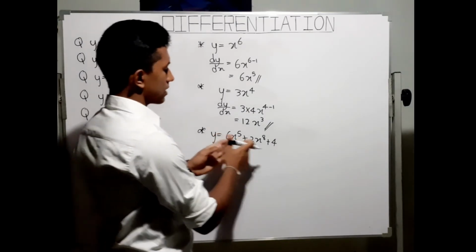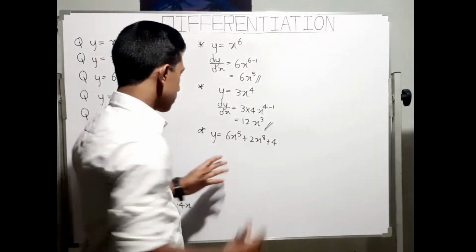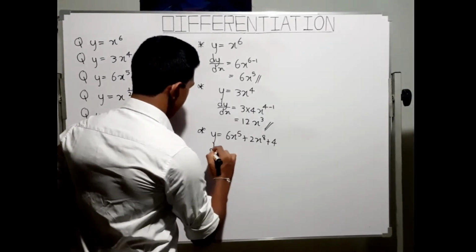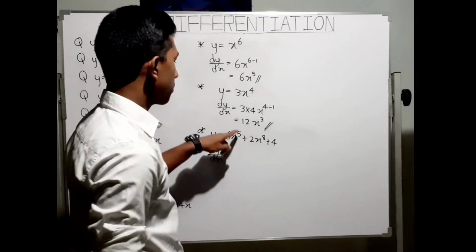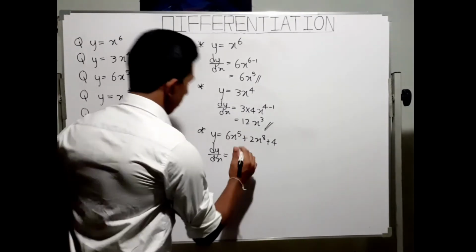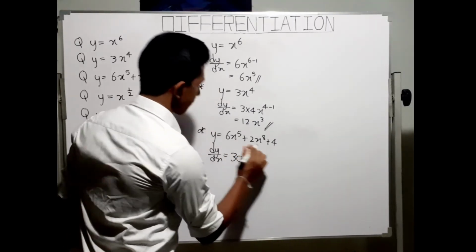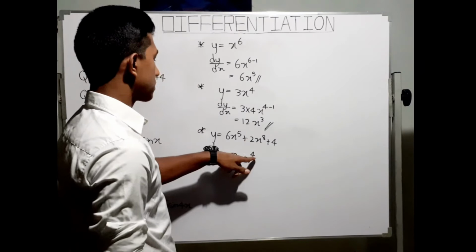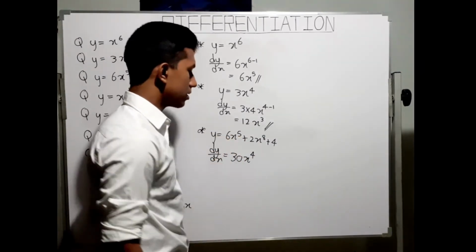You consider these as individual terms and differentiate them respectively. So dy by dx is going to be, first, differentiate this. You bring 5 to the front and reduce the power by 1, which gives 30x to the power 4. Since the power reduces by 1, it's power 4. When 5 comes forward, 5 multiplied by 6 is 30.